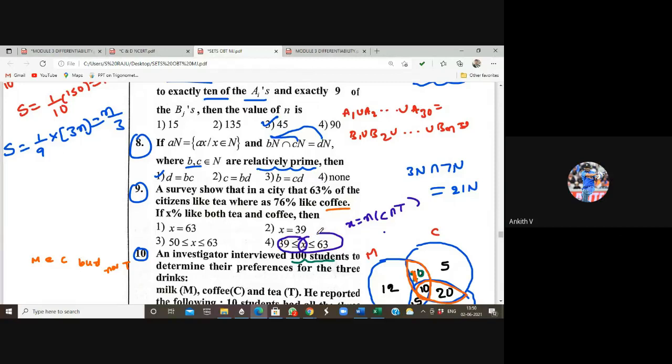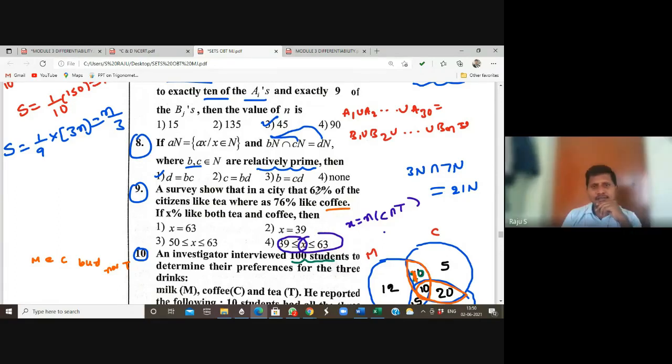Then how can you prove that n of A intersection B is lesser than or equal to 63? Sir, it is because 63 is the maximum number of members who like tea, sir. More than that, intersection cannot happen, sir. Exactly. For example, A has 63 elements and B has 76.